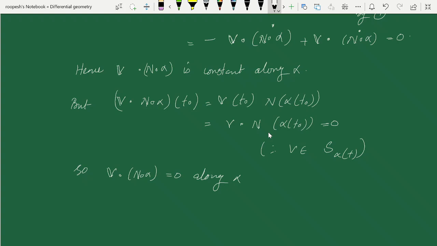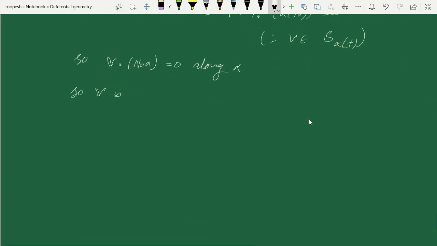So V is tangent to S. This dot product being 0 means these two are orthogonal, right? So V is orthogonal to the normal, which means V is tangent to S along alpha.